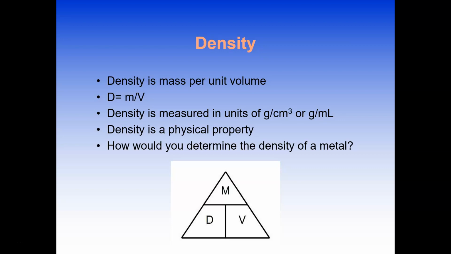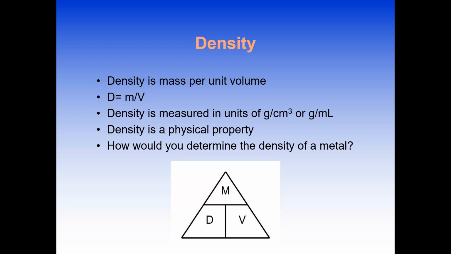So you could get the volume of the metal. If it's regularly shaped, you could use a ruler and measure the length, width, and height in centimeters and multiply those three numbers together to get your volume. Then you just divide mass by volume. But say your piece of metal isn't regularly shaped, it's a chunk of gold. Then we can use the graduated cylinder.